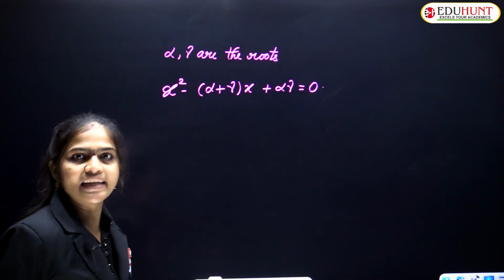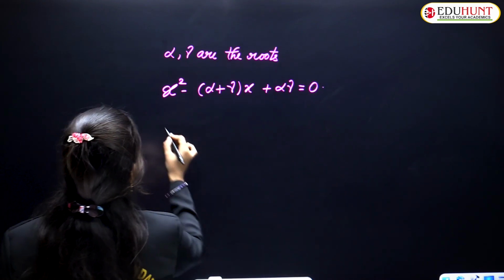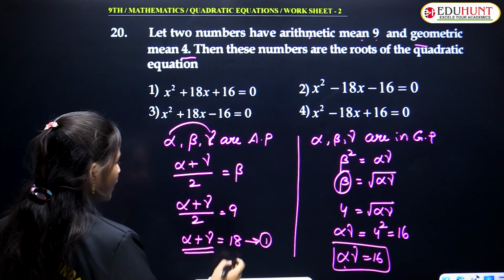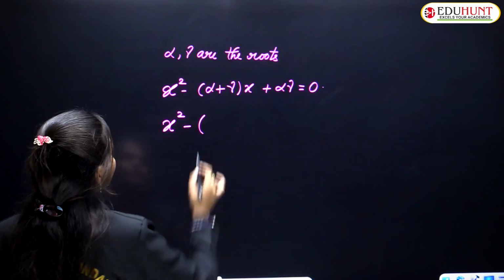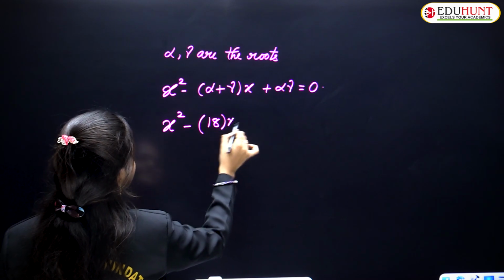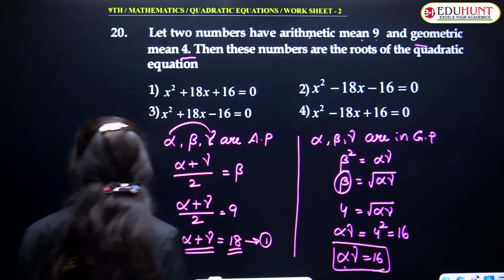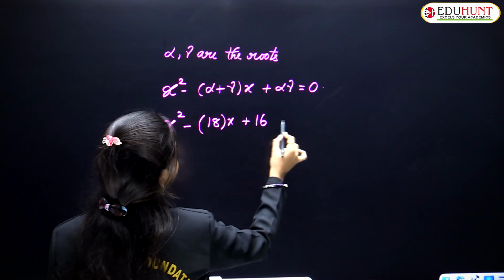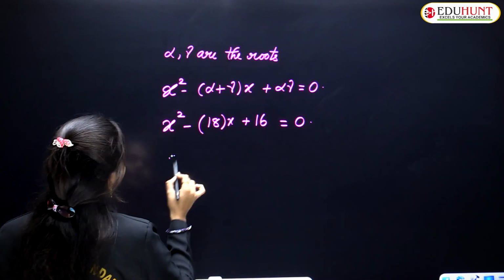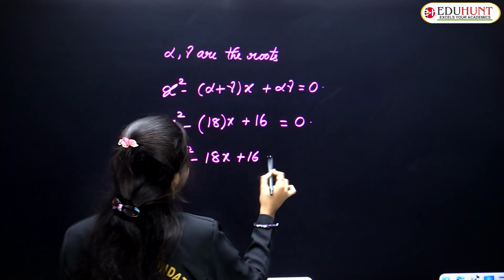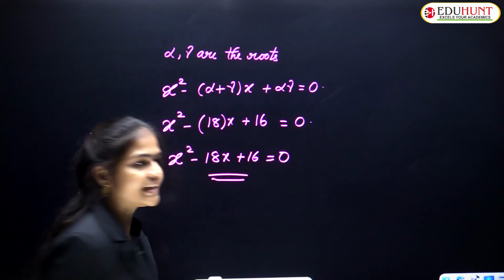This is the required equation. Now alpha plus gamma we got as 18, so 18 into x, plus alpha gamma, which we got as 16, is equal to 0. So x square minus 18x plus 16 is equal to 0. This is the required quadratic equation.